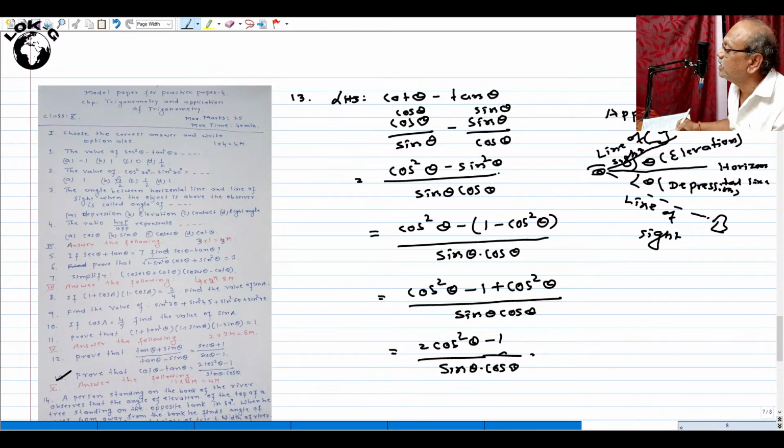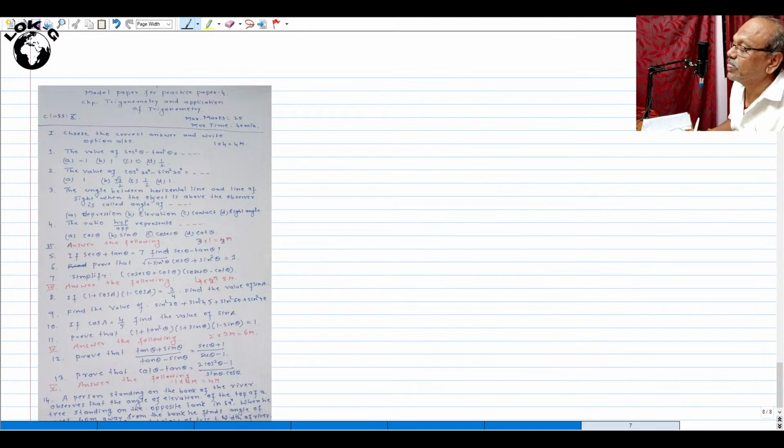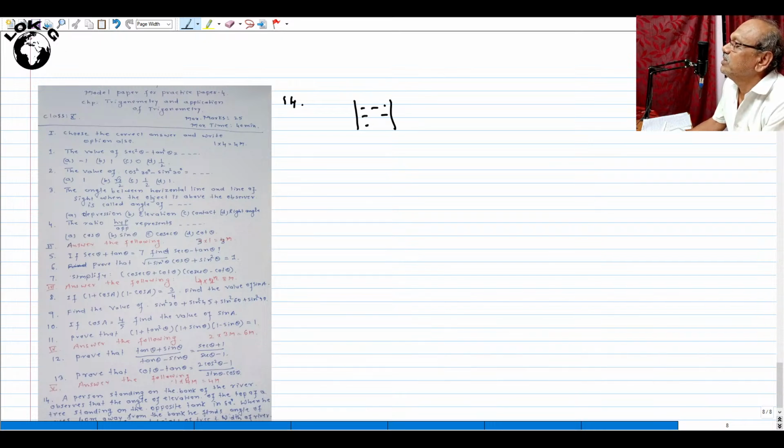Last problem, read the last problem carefully. 14th problem, the last problem, appears for 4 marks, right? A person standing on the bank of a river. There is a river, just for your understanding I am showing you. Here is a river, right? Observes that the angle of elevation of the top of a tree standing on the opposite side is 60 degrees.